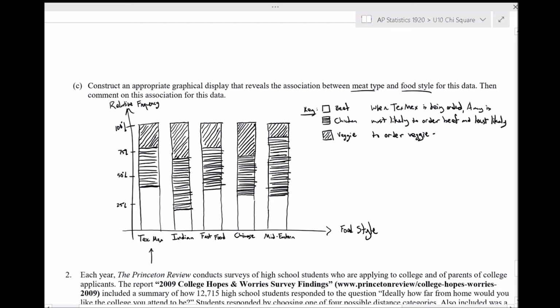Fast food, maybe. Fast food looks that way. She's most likely to order beef and least likely to order vegetarian. So I'm going to put, same goes, roughly, when fast food is ordered.